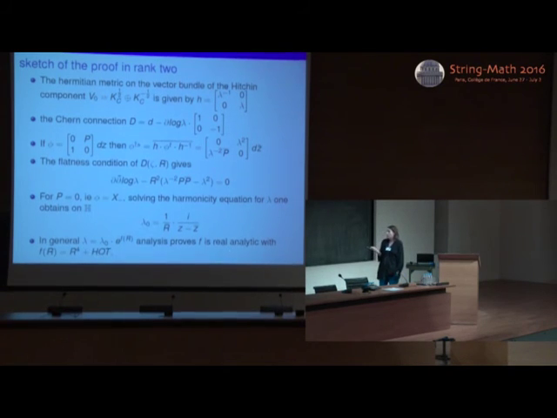One proves that f is a real analytic function of vanishing order 4. So plugging in the flatness condition of D, one can take the limit carefully in this expression and observe that in fact this converges. And the limit oper is gauge equivalent to the oper that we just constructed. So this is a sketch of the proof in rank 2.